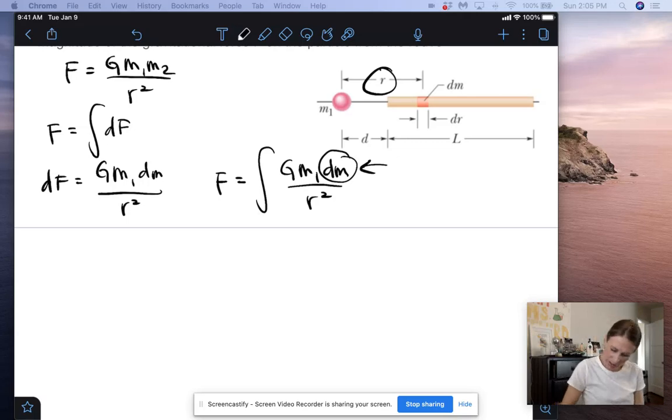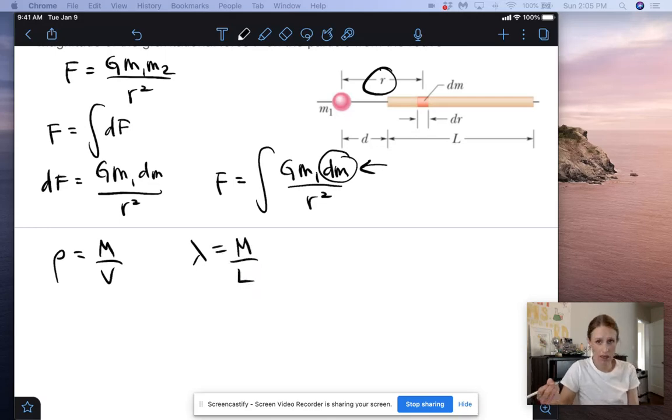We know that volumetric density, rho, is equal to mass divided by volume. Similarly, linear mass density is denoted by lambda, and that is mass divided by length. Because this is a uniform rod, which means uniform density, we can equate this to dm over dr, that small infinitesimal mass and the little length, dr, that it takes up.